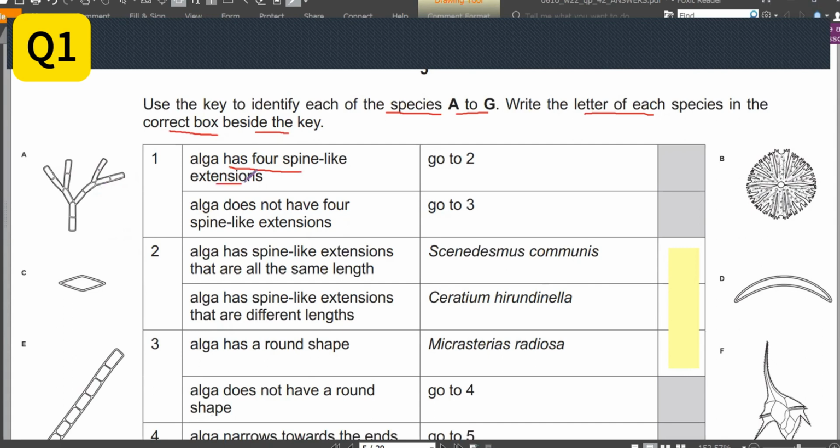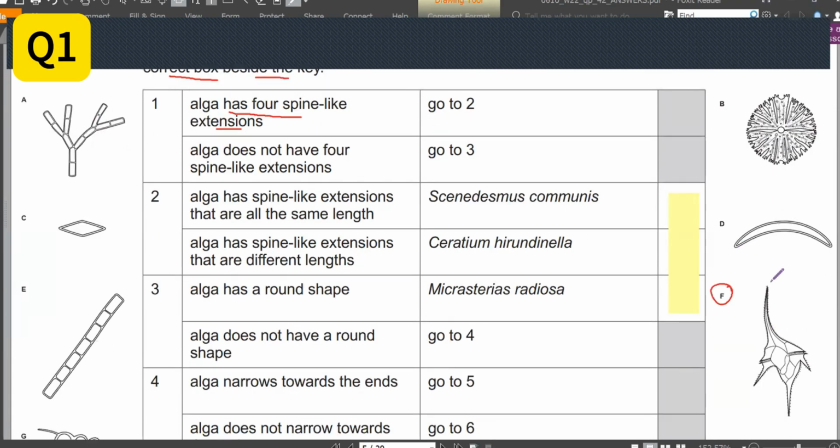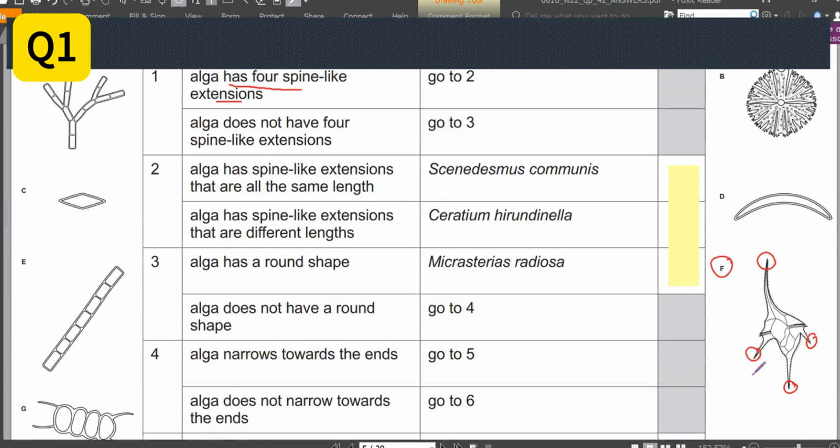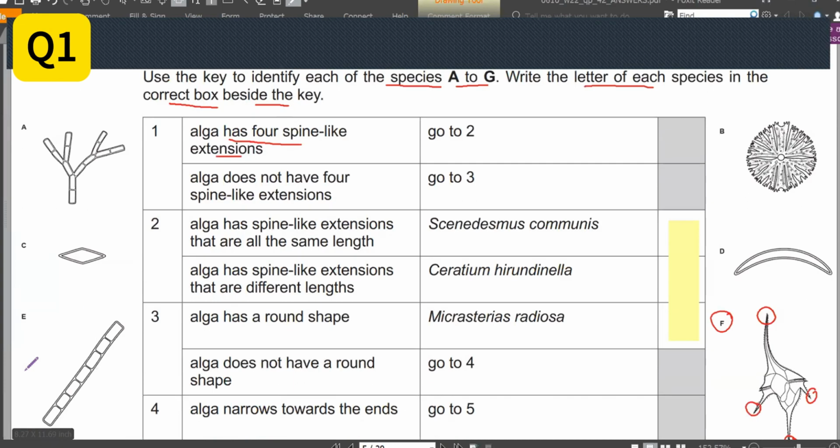Alga has 4 spine-like extensions. If we look at our options here, we can see straight away F has 4 spine-like extensions. Next, the other one that has these characteristics is this here. So we have these 2 candidates that fit the description of 4 spine-like extensions. So we go to number 2.